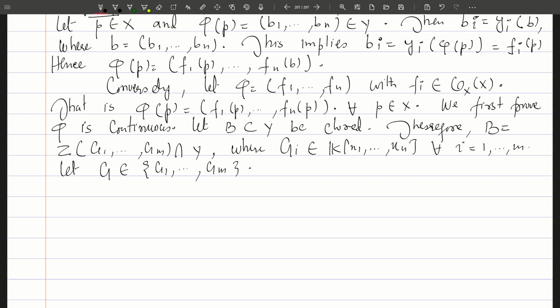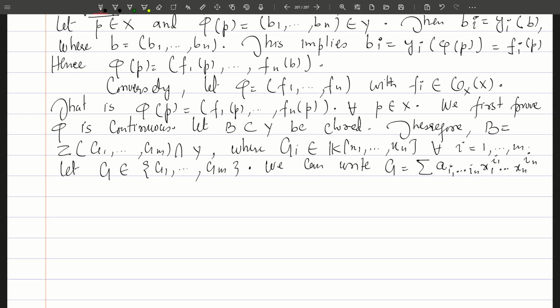So we can write G, being a polynomial in this polynomial ring, as the sum with coefficients a_{i1 up to in} times x1 to the power i1 up to xn to the power in. So this sum runs over these elements i1 up to in.